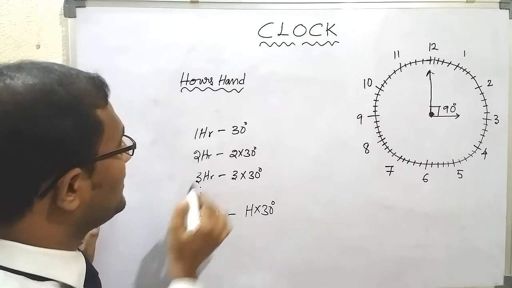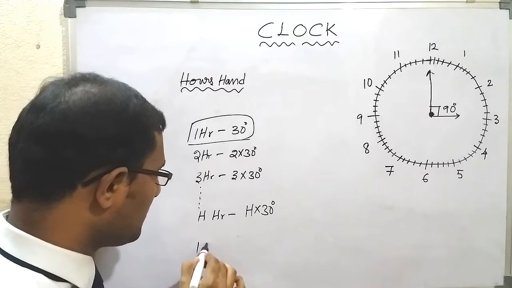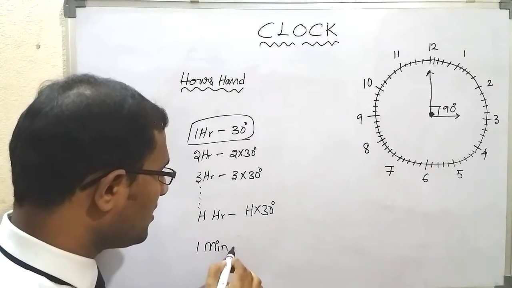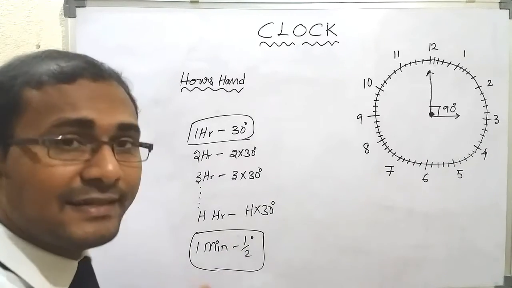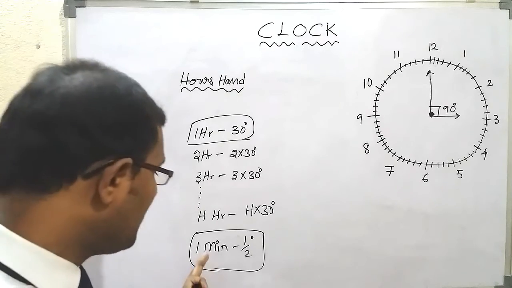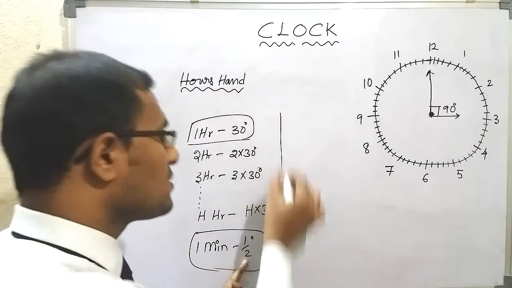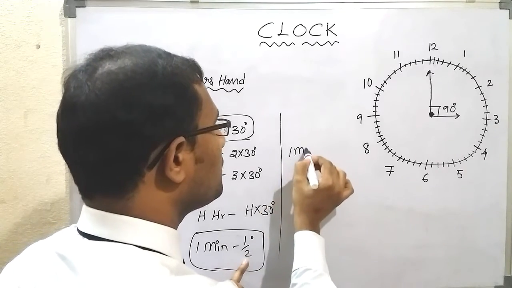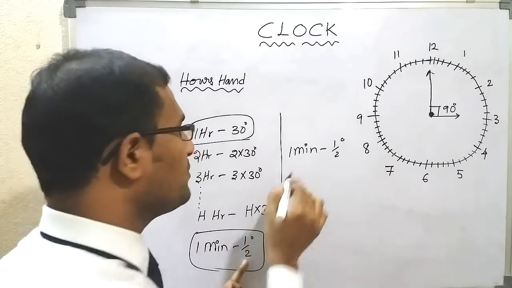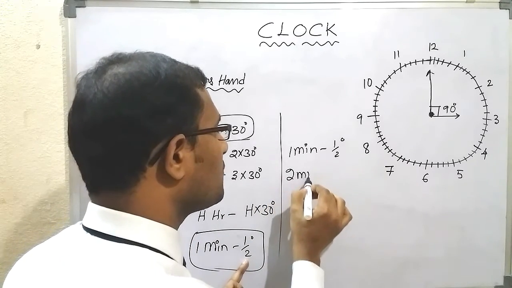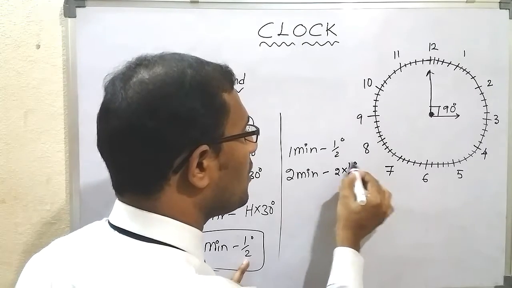We know already that the hours hand, within every 1 minute, covers half degree. We have already derived this point. So for 1 minute, if it is covering half degree, then for 2 minutes it covers 2 into half degree.